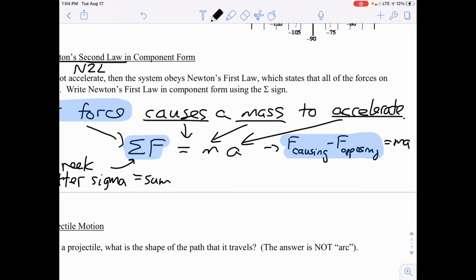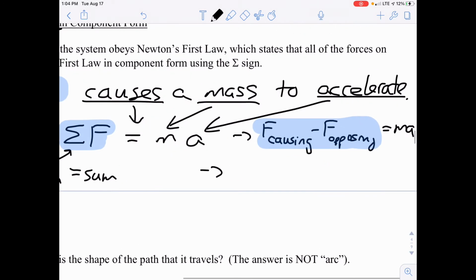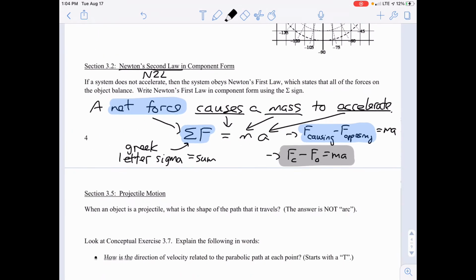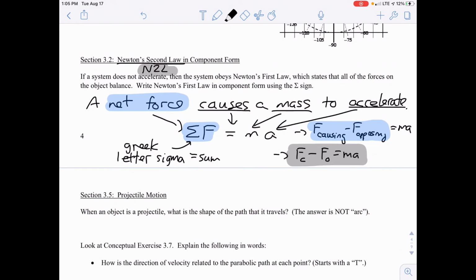And set that equal to ma. Now, instead of writing causing and opposing, because that's pretty long and not too efficient, I'm going to call causing force Fc, opposing force Fo, equals ma. This, ladies and gentlemen, is the formula that we're going to use to describe the forces that cause acceleration. In other words, Newton's second law.